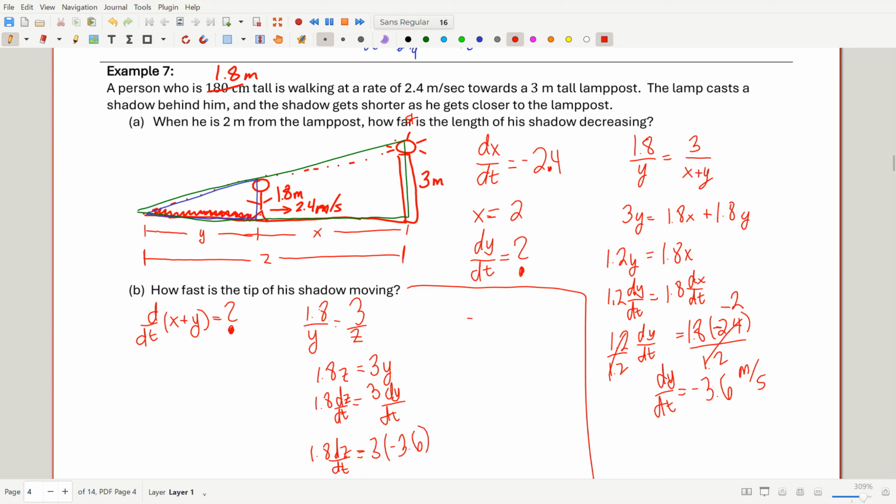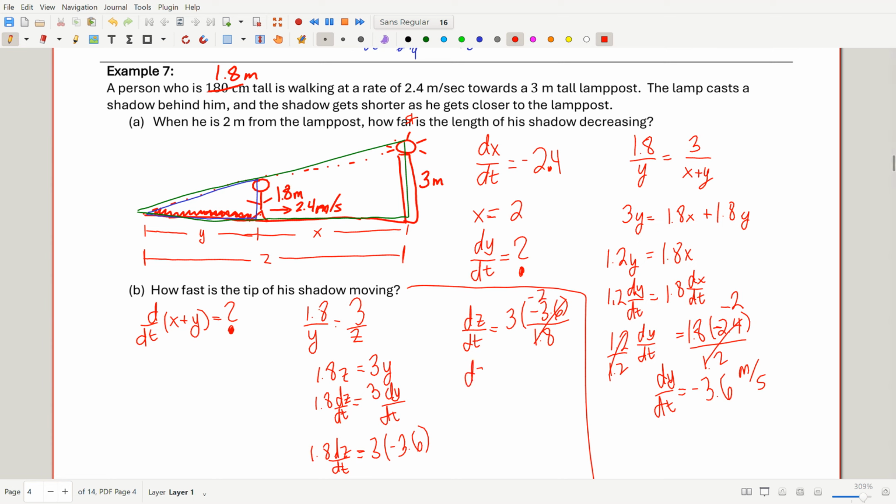Again, I'll write it out with my division. dz dt equals 3 times negative 3.6 over 1.8. And 3.6 over 1.8 simplifies to, I heard it, negative 2, yep.